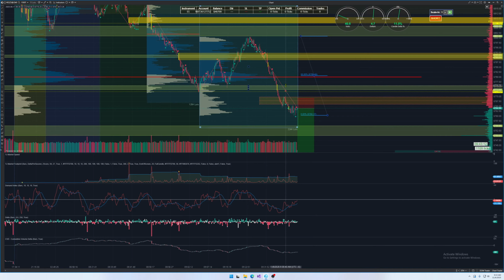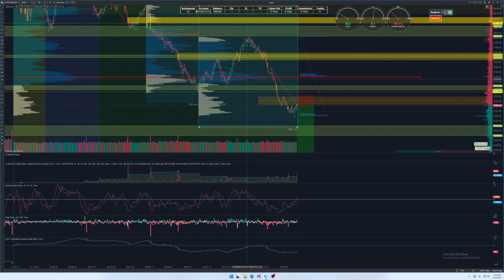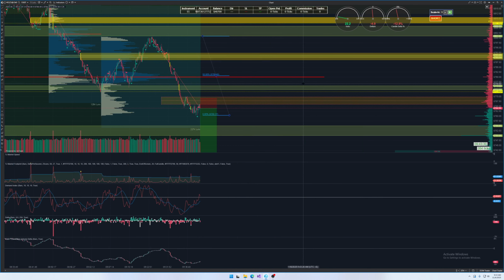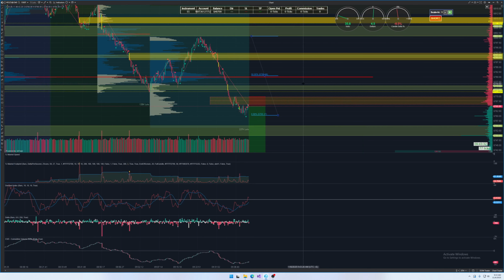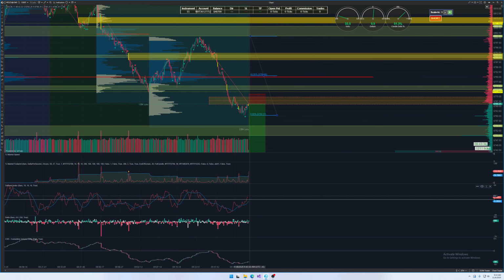And it is range here. The value area low is here. So let's wait for retracement and then let's see how the market reacts here in that area, plus how all the other things react.